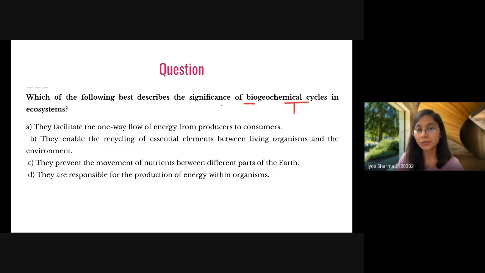These chemicals, whether nitrogen, oxygen, or carbon, will move to humans, to the biotic or living organisms, and even to the geo, which is the non-living form, or sediments or rocks.